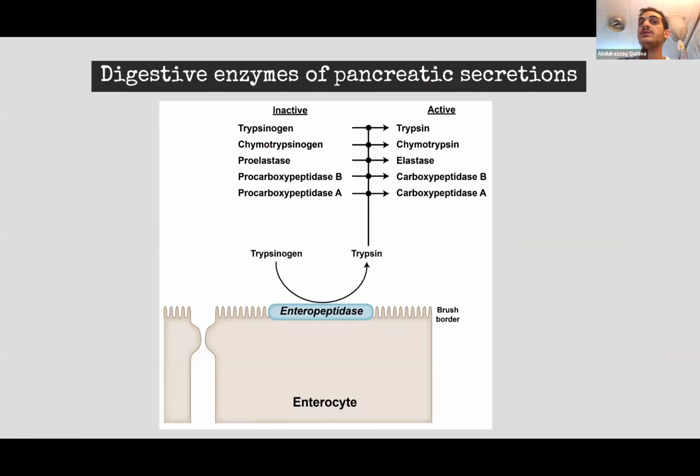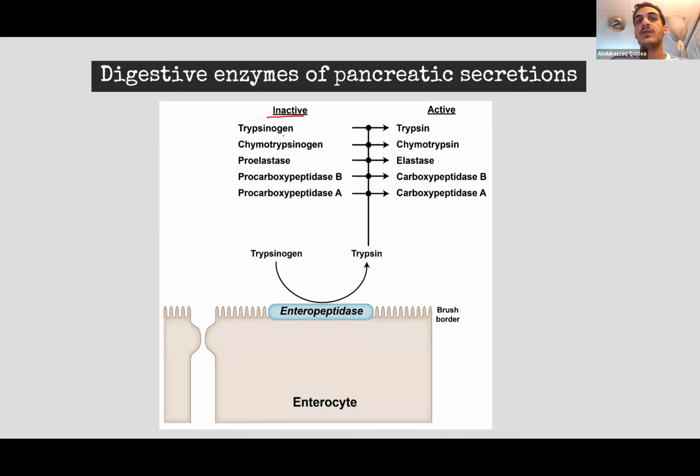Now, the pancreas will release those previous enzymes in inactive form. What do you mean by inactive form? It means these enzymes cannot digest and break down anything because they are inactive, and they are precursors for the active enzyme. How can we know which are inactive and which are active?